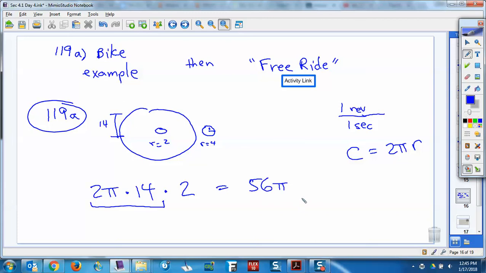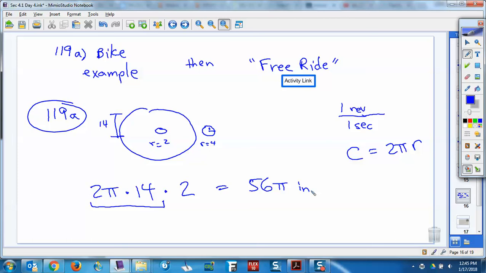And what are the units going to be on that? That would be inches. Now let's talk about why. Because this is inches, right? This is inches, right? This is circumference. So this is in inches because this is 2 pi radians and that'd be 14 inches.